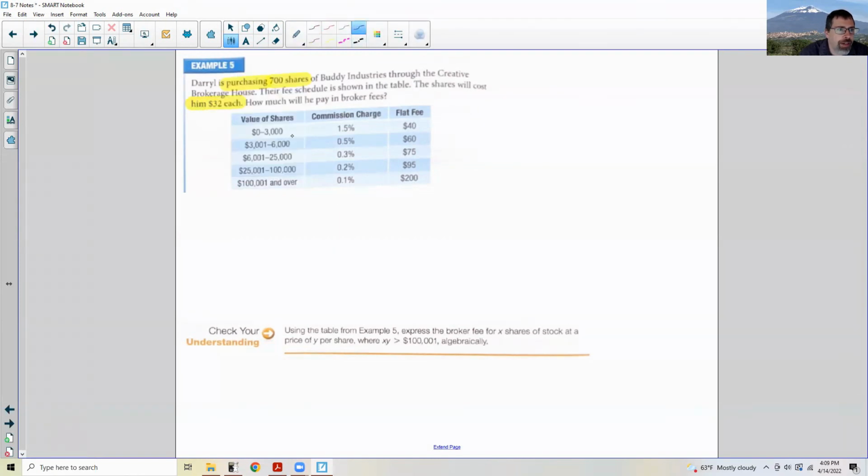So the first thing you have to find out, since the value of the shares determines the commission and the flat fee, is how much what you're buying is going to cost. I'll write this out.